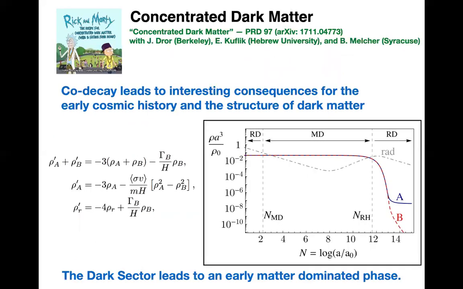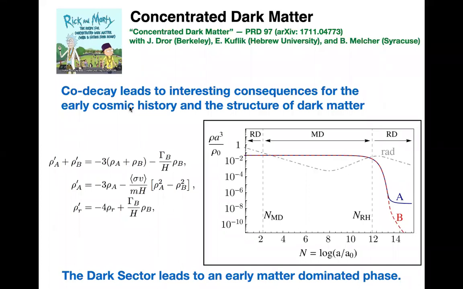So one thing this realizes is, besides the fact that you have two sectors that are separated, if you study these models for different choices of parameters, and I'm trying to go fast on time here, but if you look at the parameter space, obviously there are constraints, for example, from indirect detection of dark matter.